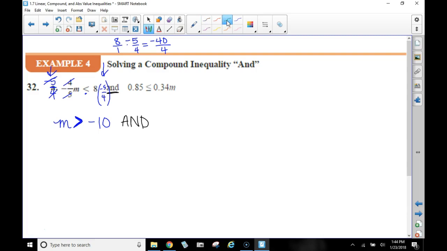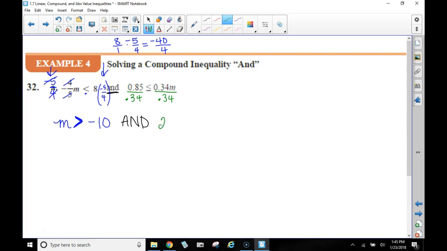So m values are greater than negative 10, and they also have to be, here to solve for m, on this other inequality, m is sitting right over here, so I'm going to divide both sides by 0.34. Divided by 0.34. So what we have from this is, let me see, 0.85 divided by 0.34 is it 2.5? Yeah, 2.5. Okay?